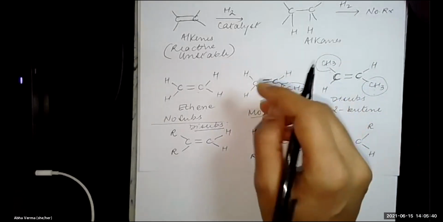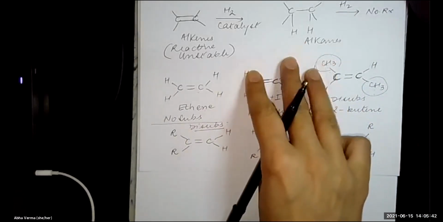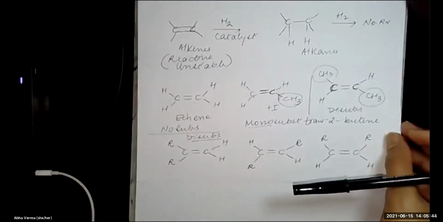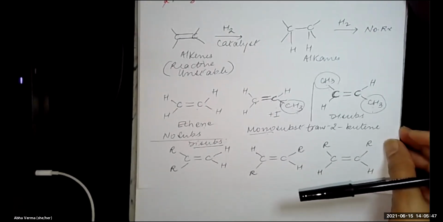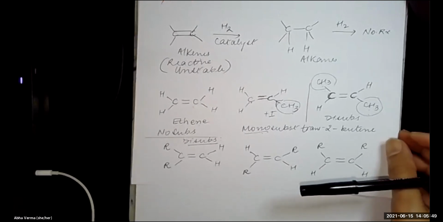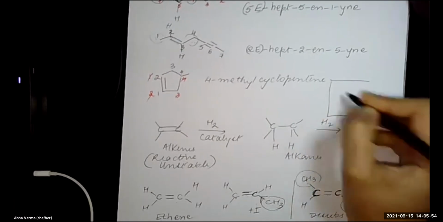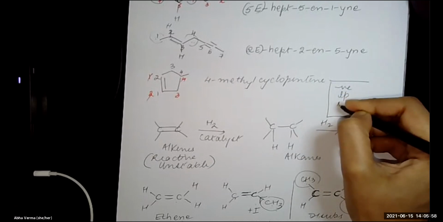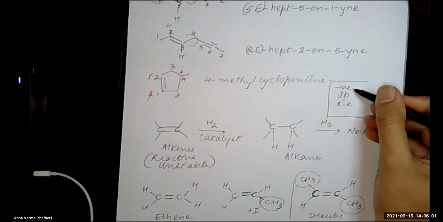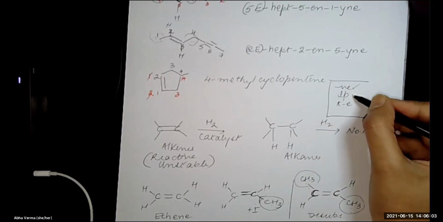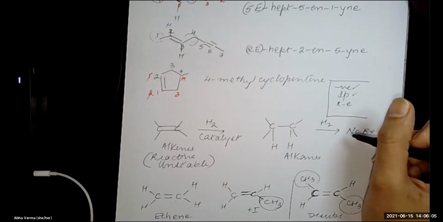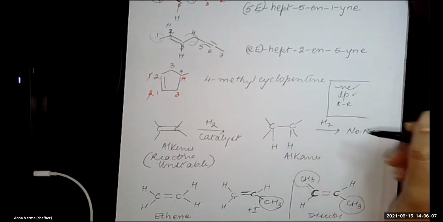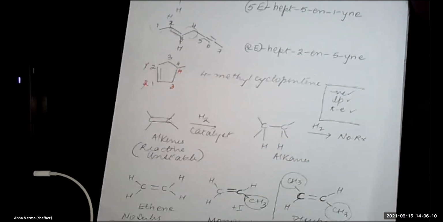If you remember your module 3, and we are going to go back to module 3 again and again, what are the three different kinds of electron donors? The negative charge, the lone pairs, and the pi electrons. We have covered negative charges. We have covered lone pairs as the electron donors in the form of SN1 substitutions. We are now looking at our pi electrons.